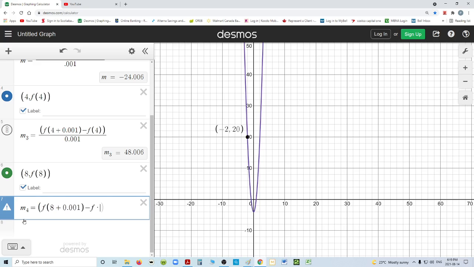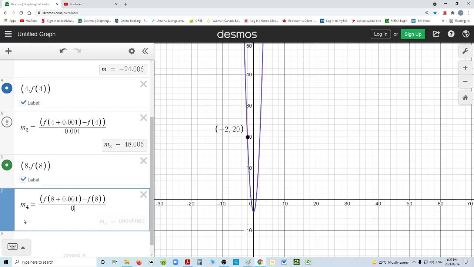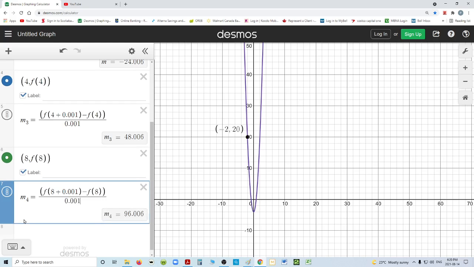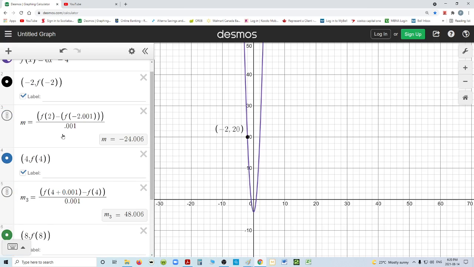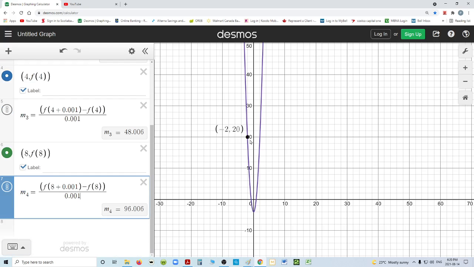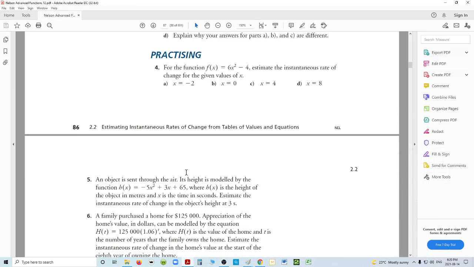So I took a point just after it, divided by my h. 96. So yeah, twice as rapid as the 48 at 4. So you can see that the rates of change were indeed doubling, and one was negative based on where they are. So understanding the graph really helps there.